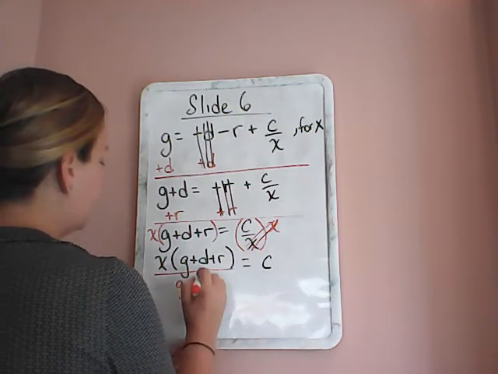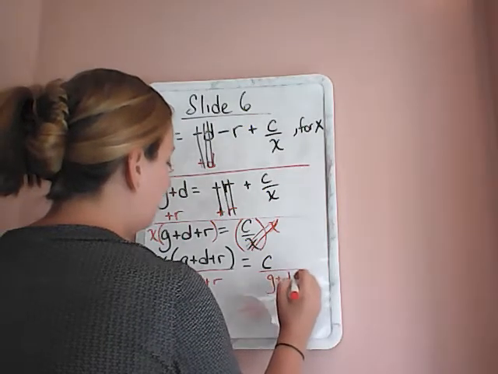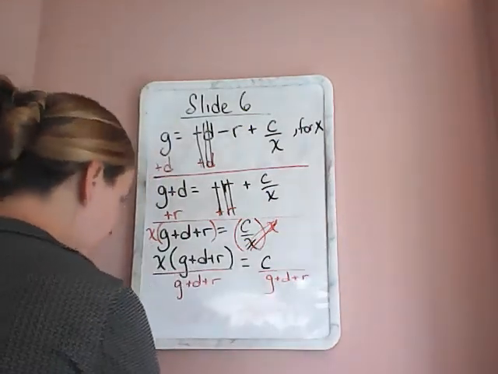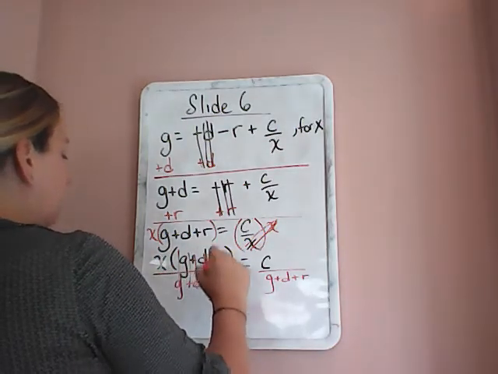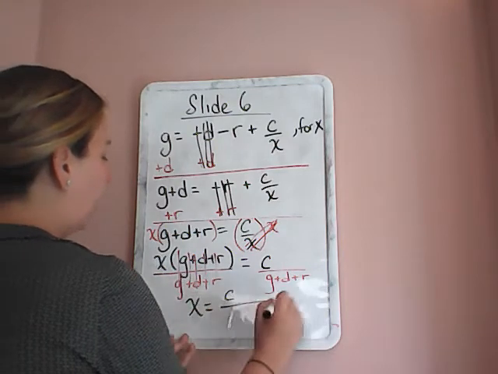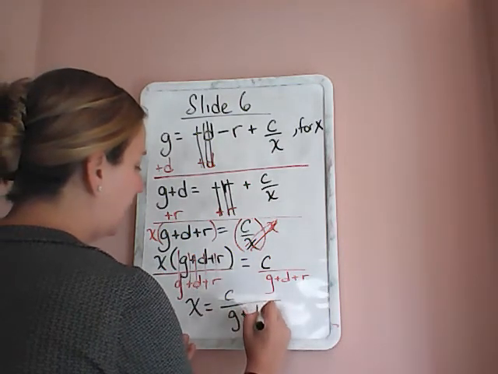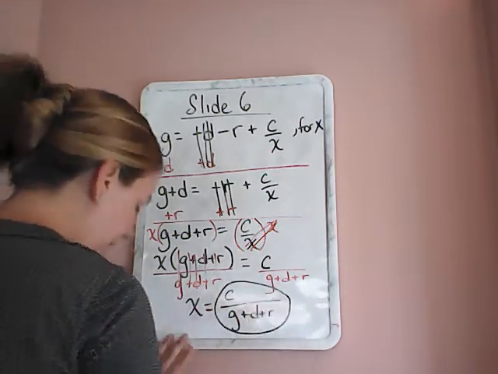So g plus d plus r is being divided off on both sides. So now these have canceled, and we are left with x equals c over g plus d plus r. And that would be your final answer.